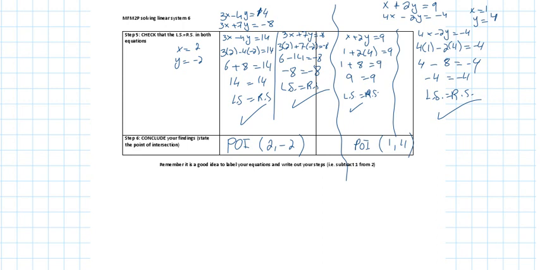So elimination can be done when one of your variables has the same coefficient, or it could be the same coefficient with a minus. So if they have the same coefficient, then you subtract.